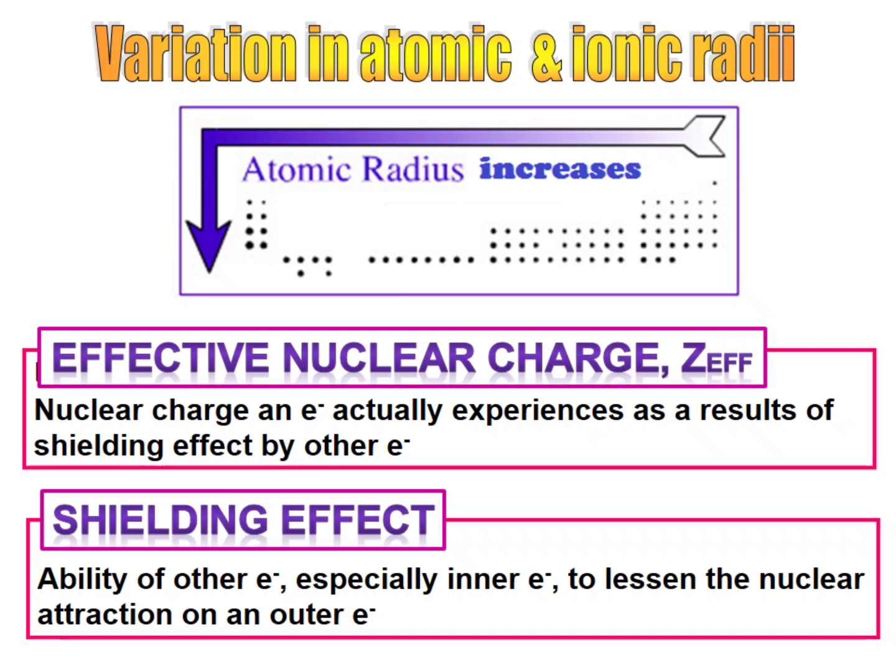Alright guys, so before we look at the trend of atomic radius across a period and down the group, what you need to know is two terms. The first one is effective nuclear charge, or we call it ZEF. Kan ni nama, ni simbol dia. Okay, so effective nuclear charge is the nuclear charge an electron actually experiences as a result of the shielding effect by other electrons.